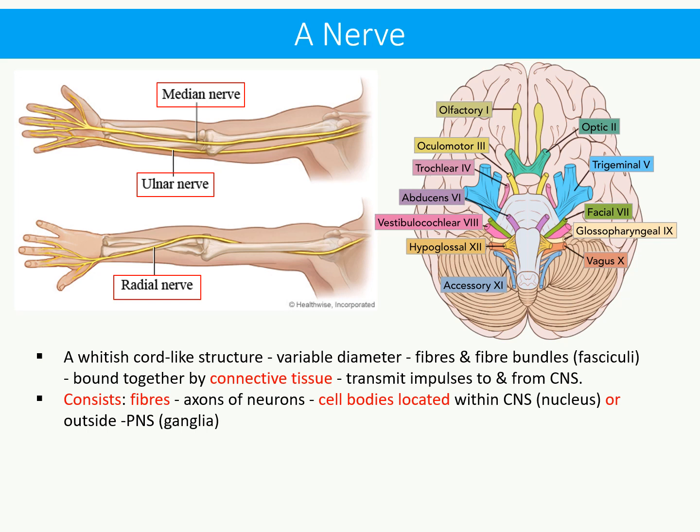A nerve is a whitish cord-like structure having a variable diameter, consists of fibers and fiber bundles bound together by connective tissue which transmit impulses to and from the central nervous system.